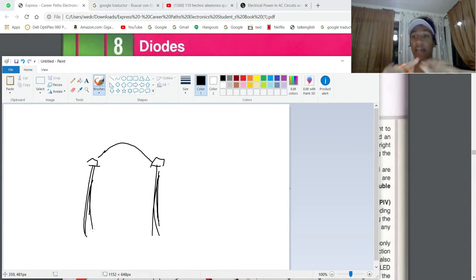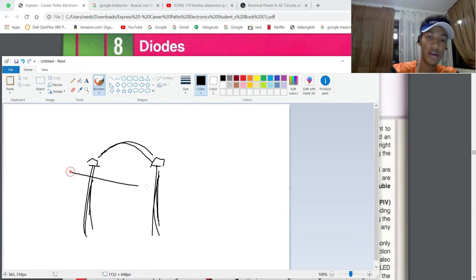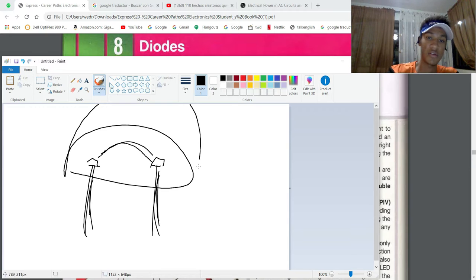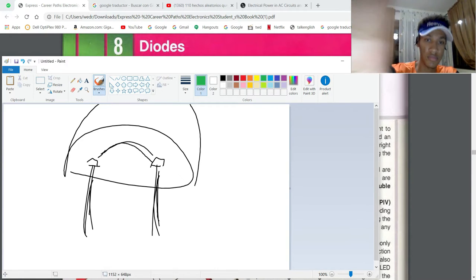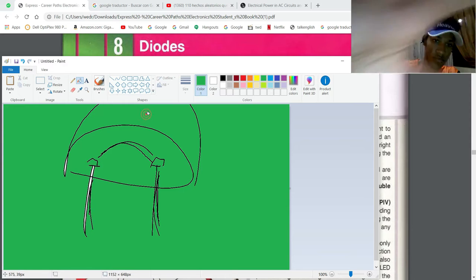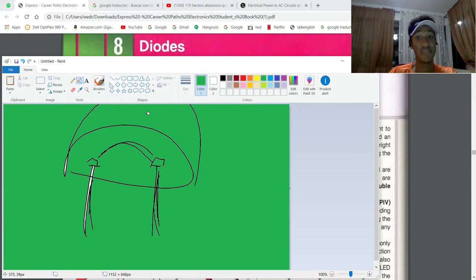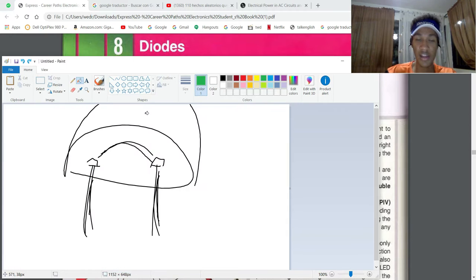So the electron jumps, and with this jump generates the light. So I put a color in the crystal.